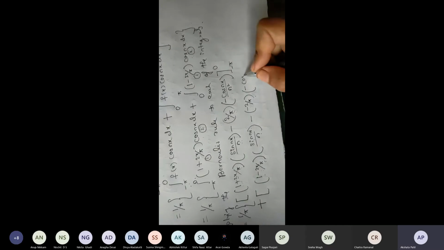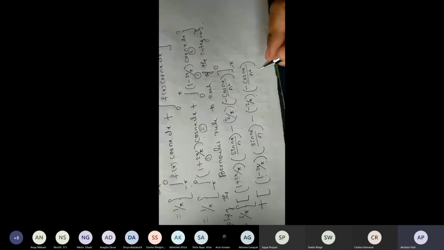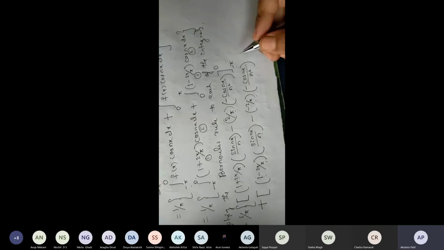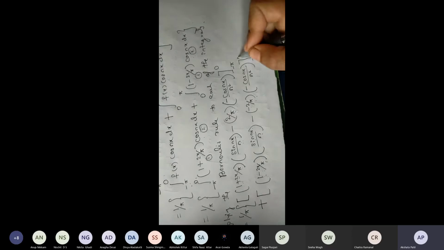Is it right? 1 plus 2x by pi differentiation is plus 2 by pi, and 1 minus 2x by pi differentiation is minus 2 by pi. Yes, ma'am. Now again the integration of sine nx by n is minus cos nx divided by n square. Differentiating minus 2 by pi gives 0, so no need to differentiate that one. Stop here only. Apply the limits 0 to pi and close the flower bracket.